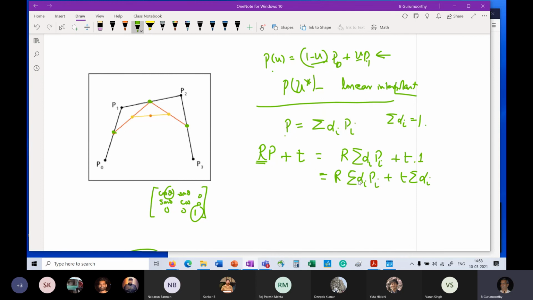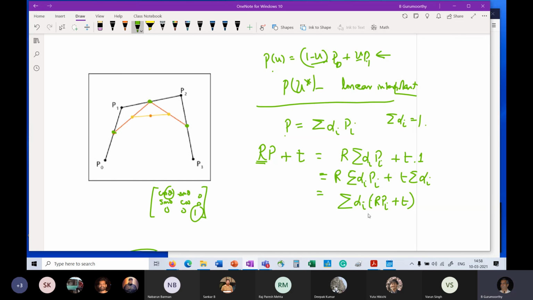I can do that, and therefore now I can write this as sigma alpha_i R P_i plus T. So I have just done one trick here. Otherwise, it's all algebra. The only trick is that T can be written as T multiplied by 1, but 1 is also written as sigma alpha_i because that is equal to 1. And therefore I get this reduction.